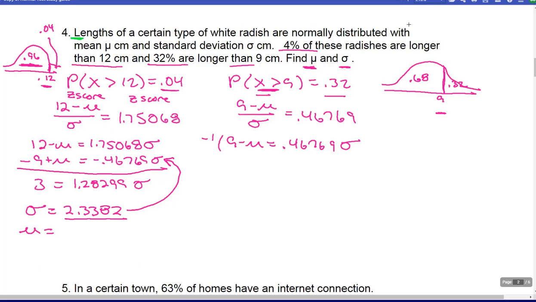And then if I add 9, what do you get? 7.9064. Right. I just misclicked something. Okay? With me on that?